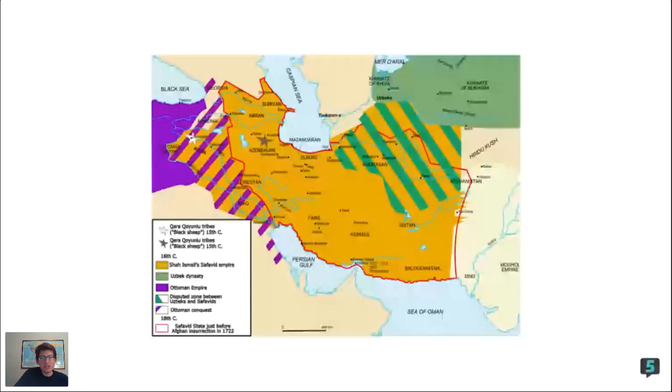The split between Sunni and Shia Muslims, which dates back to some of the earliest days of Islam, intensifies and widens. You can even connect the dots between this rivalry and the split between Shia-dominated Iran and Sunni-dominated Saudi Arabia today. So we see that split intensify in this time period.